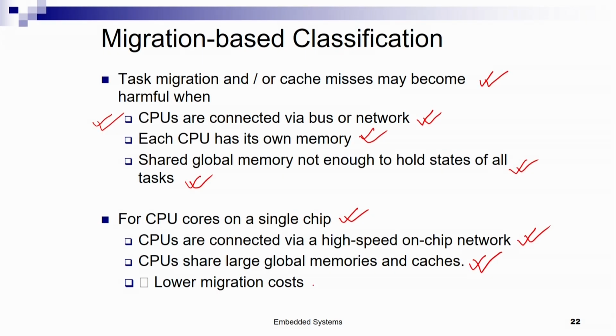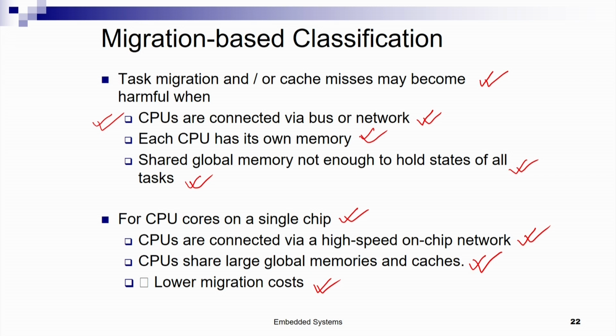CPUs share large global memories and caches, and hence the transfer has less cost. Therefore, whenever we have lower migration costs, we can use a global approach.